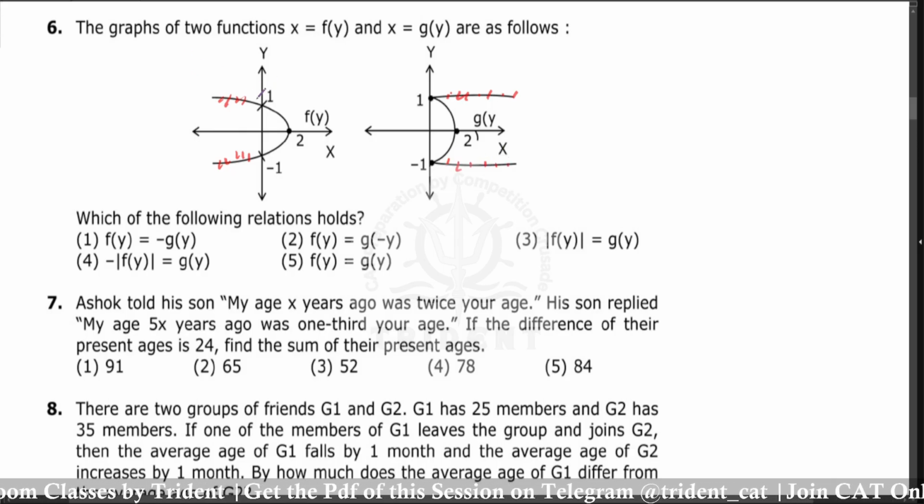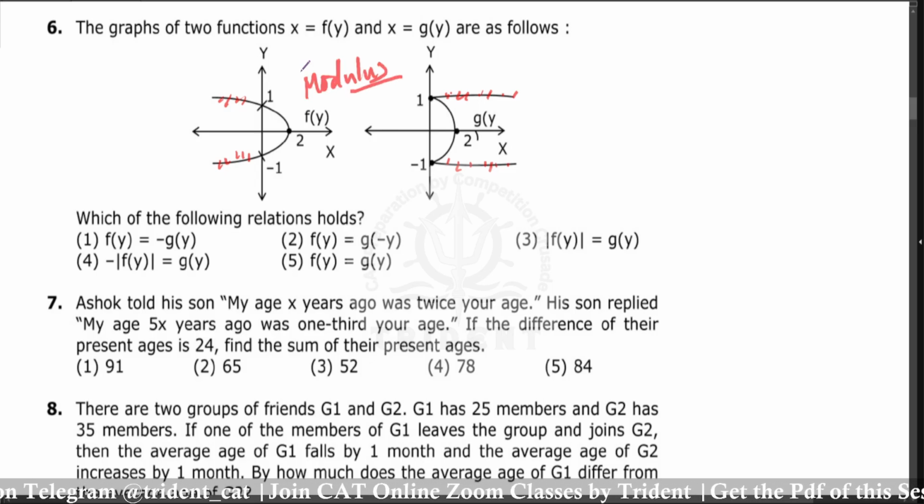For example, x equal to f of y is in the negative part of the Cartesian coordinate, and in x equal to g of y, the same function with the same magnitude, it's just that the sign of the graph becomes positive towards the positive side of the Cartesian coordinate. That means by this much only you need to understand that there has to be a modulus that is in play. Now we need to just find out which of the options has modulus.